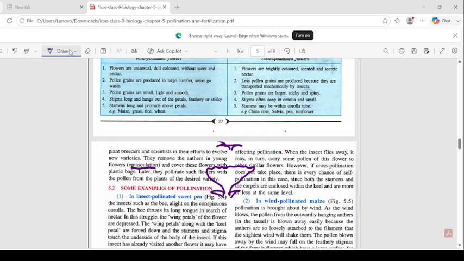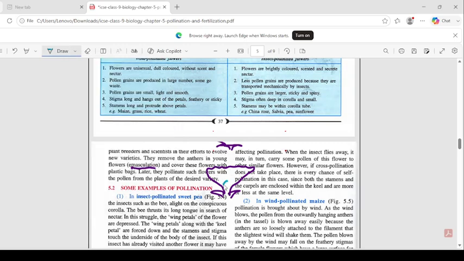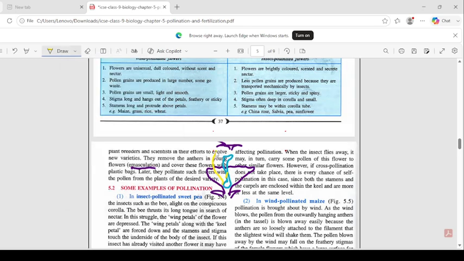Then we are having a stigma, and this is the carpel, and we are having stamen also. Now these stamens are carrying the knob-shaped anther. So basically this part we have to remove. Removal of the anther is called emasculation.